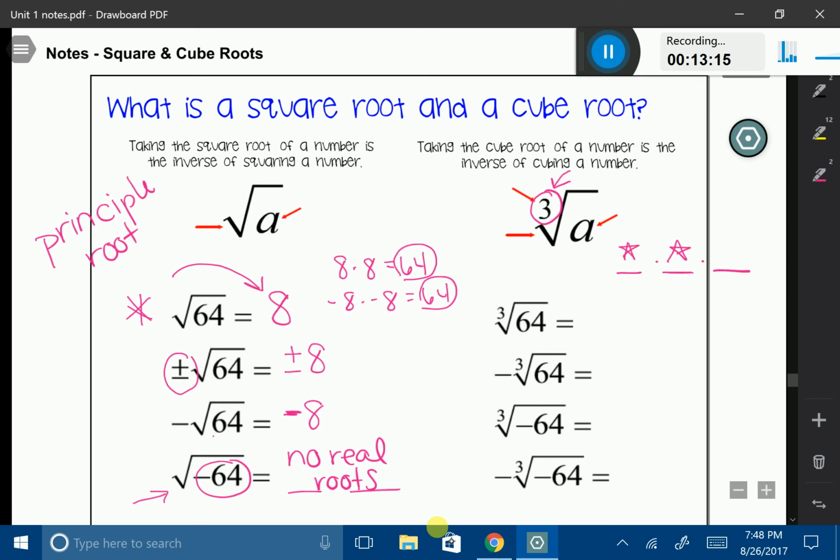So everywhere you see a star is going to be the same number. And that whole big piece is going to equal what's underneath the radical. So just like our cube up in the last slide, we know that 4 times 4 times 4 is going to give us what's underneath here, 64. Therefore, the cube root of 64 is going to be 4.